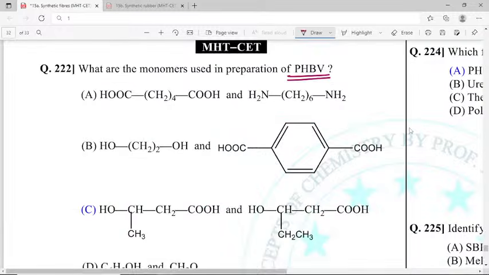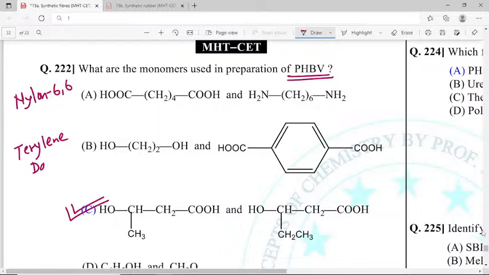Identify the PHBV, very important. PHBV contains polyhydroxybutyric acid and polyhydroxyvaleric acid. Option A is for nylon 6,6. Option B stands for terylene.